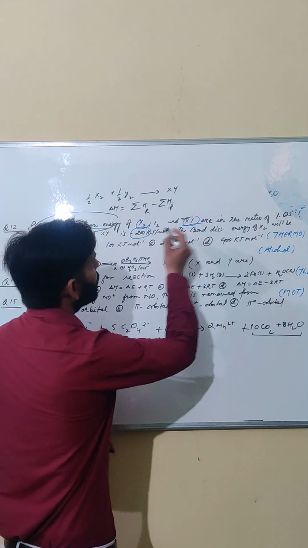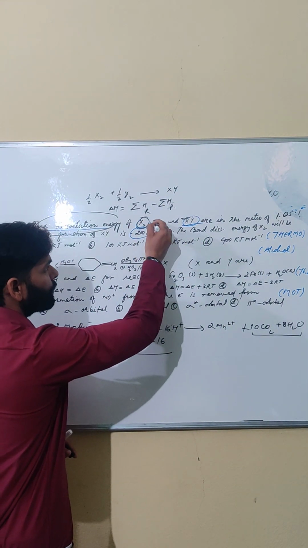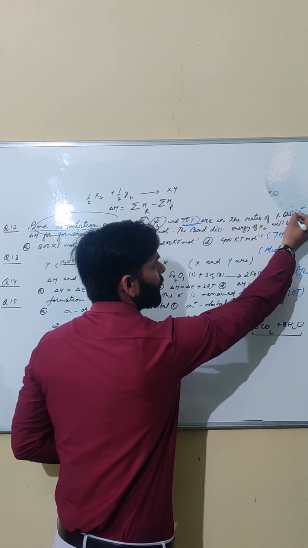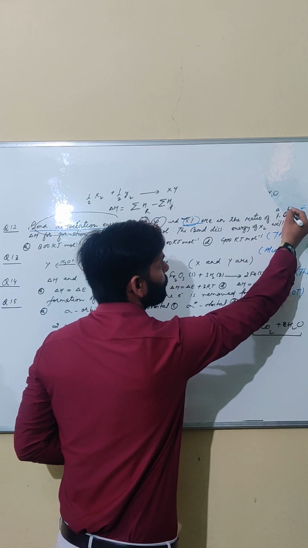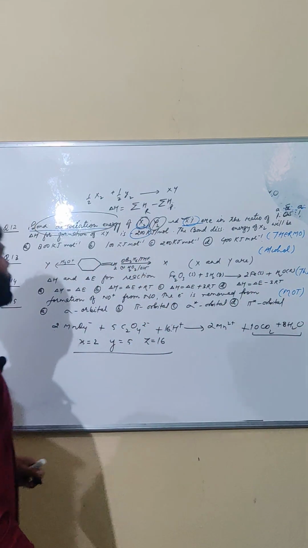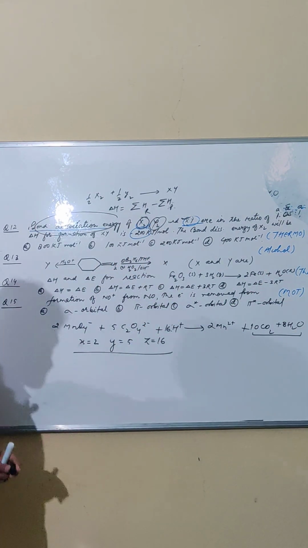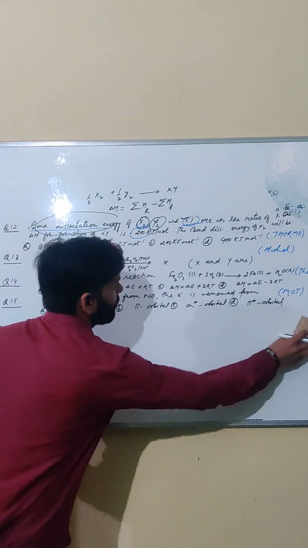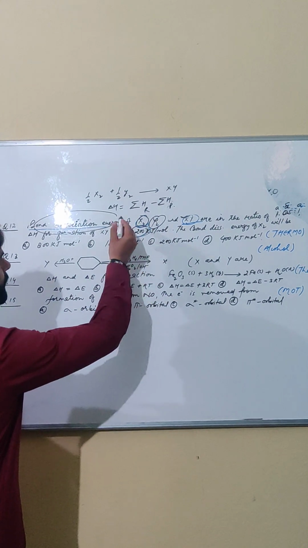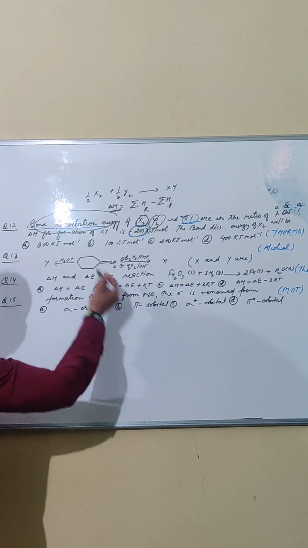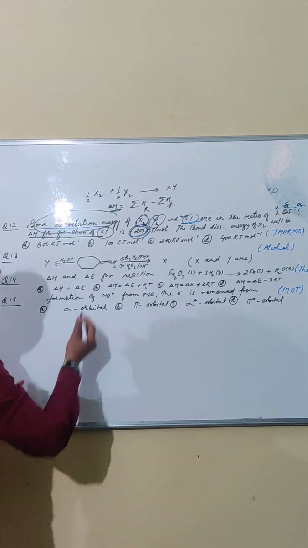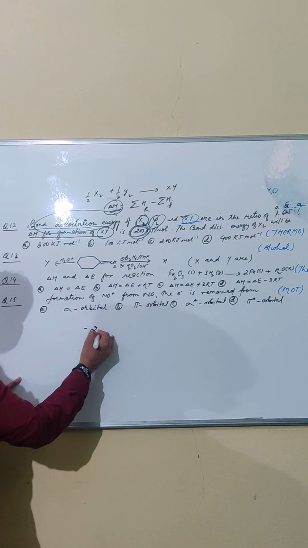Now see, the ratio of bond dissociation enthalpy of x2, y2 and xy is 1, 0.5 and 1. So I will put A here, it will become 0.5A and then A. At the place of delta H, the enthalpy of formation of XY is minus 200, so here you will put minus 200.